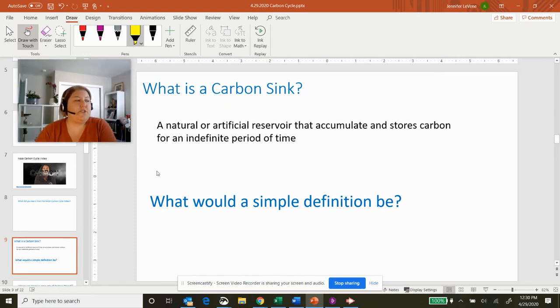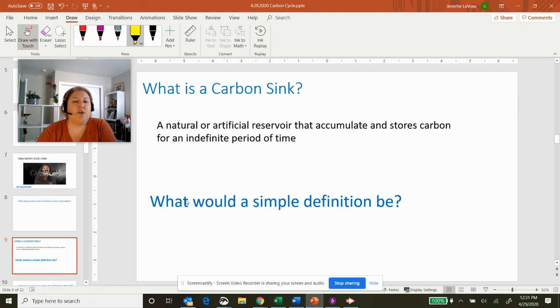And then we come into what is a carbon sink. I believe this is where the recording picked up. So it's a natural or artificial reservoir that accumulates and stores carbon for an indefinite period of time. So for a long period of time. Or it could be short, it could be long. We don't know what it is. It's not defined. It's not finite.